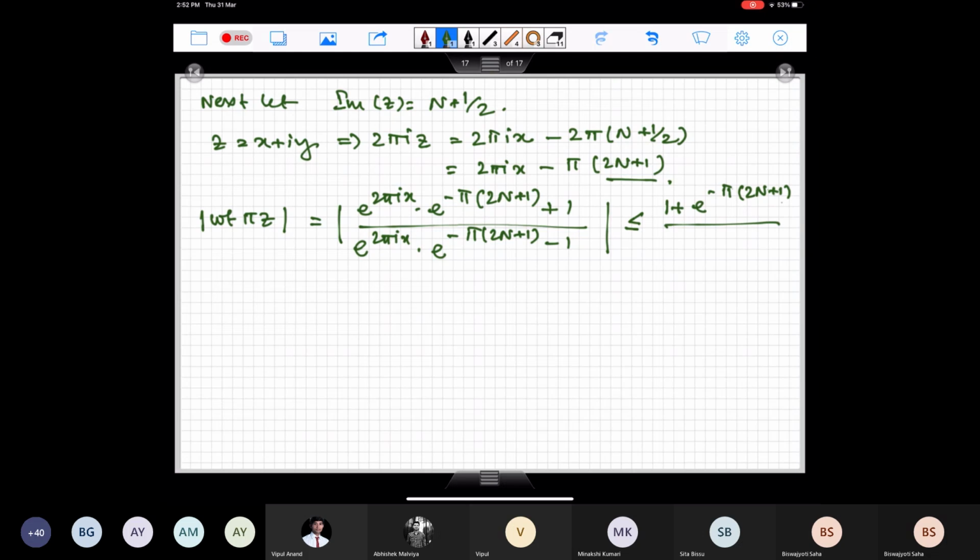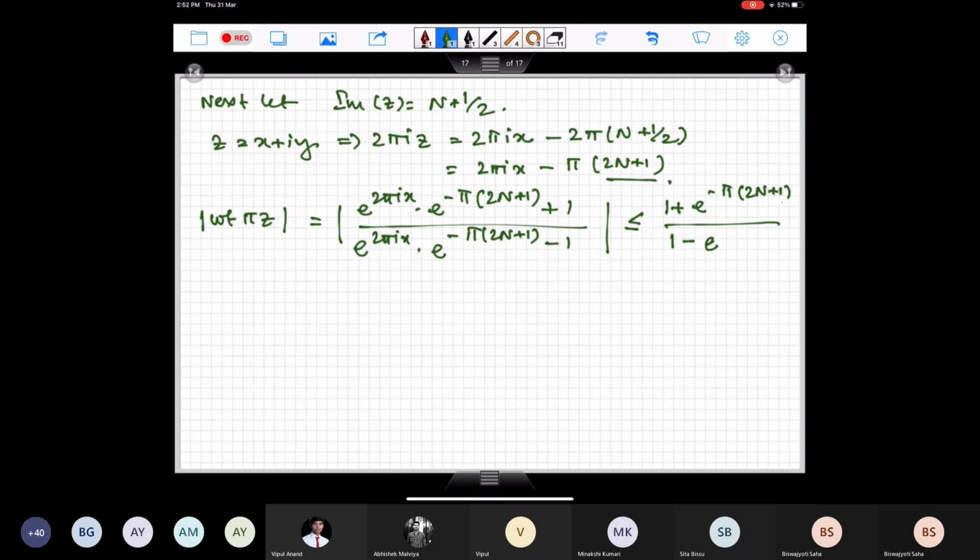So therefore, in this case, this becomes 1 minus, because you will see that the other one is always less than 1. So I can write this as e to the power minus pi (2n plus 1).